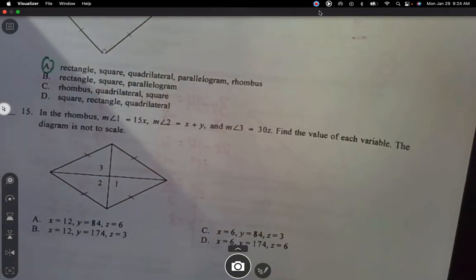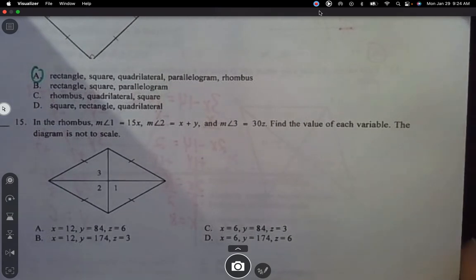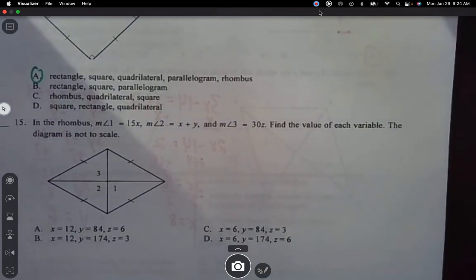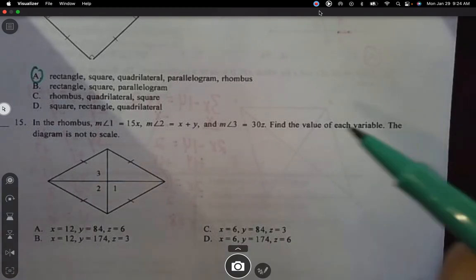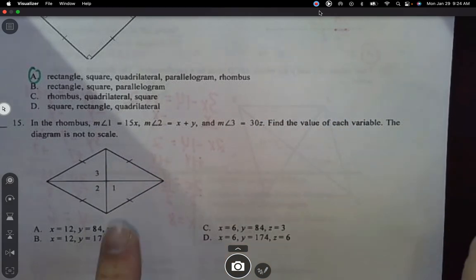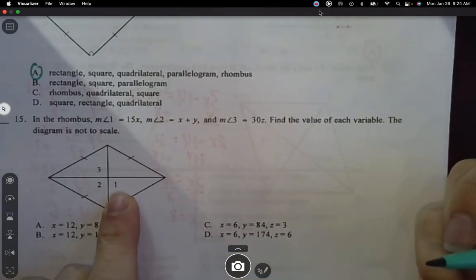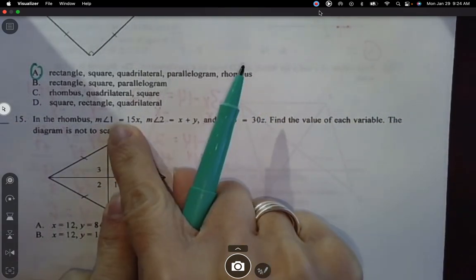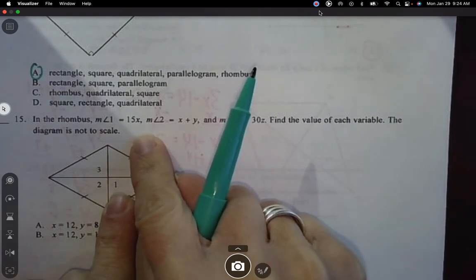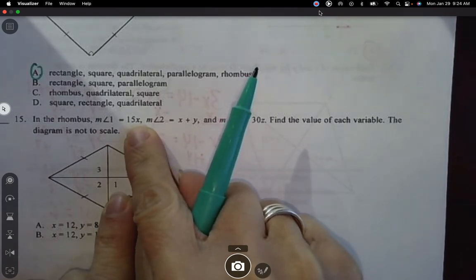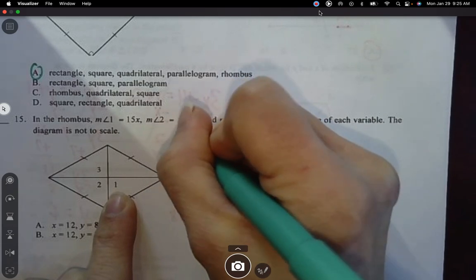All right, number 15. What do we know in a rhombus about all those angles in the middle, what do they make? 90 degrees. If I draw the diagonals, all these angles would be 90. So angle 1 is 90, right? So I know 15x is 90.